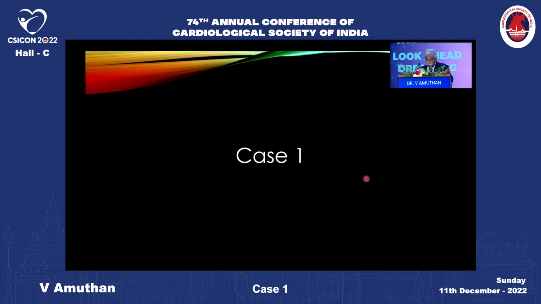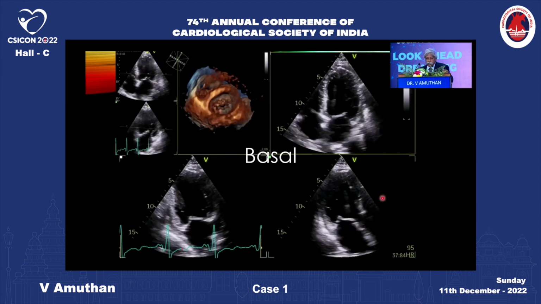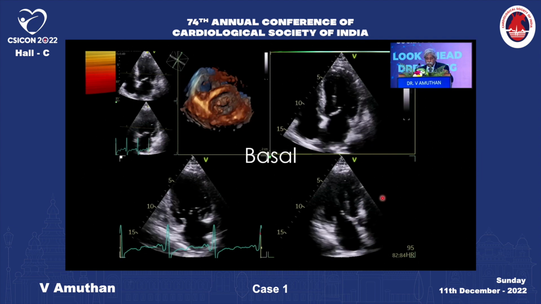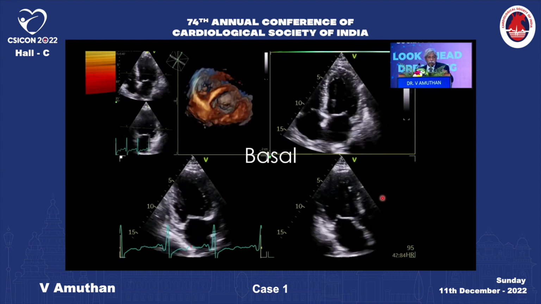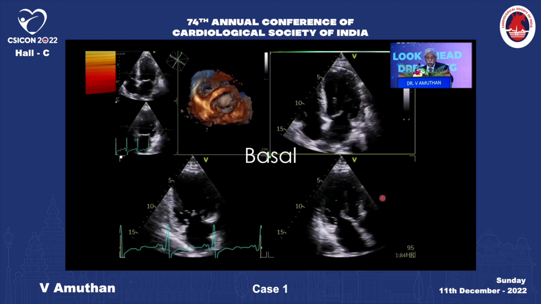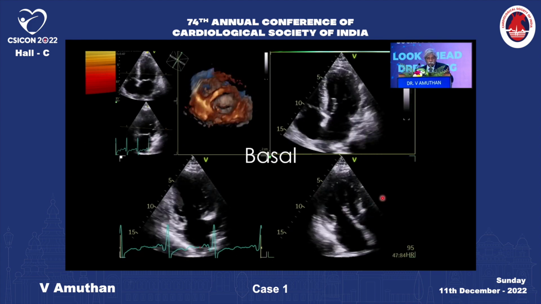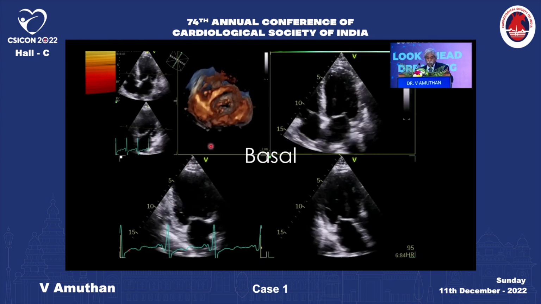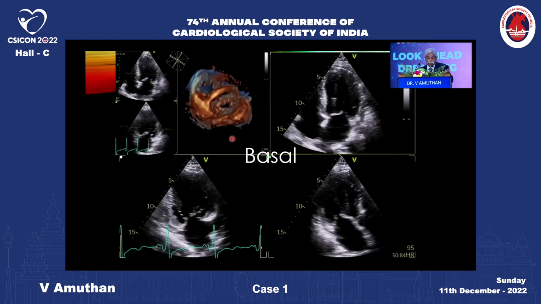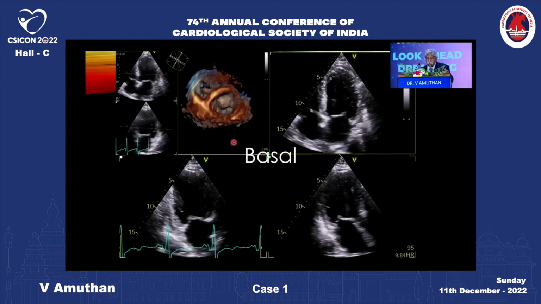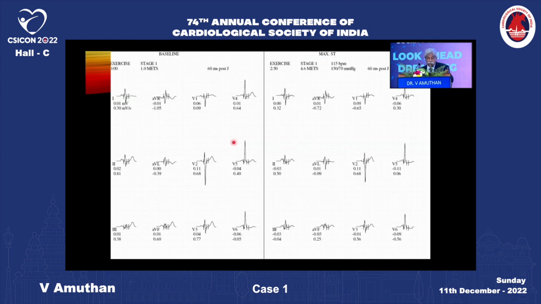So let me go to the first case. This is the basal. Just before putting the patient on the treadmill, you can record the triplane view. In addition, you can record the full volume, and both are recorded because ejection fraction calculation is very good.